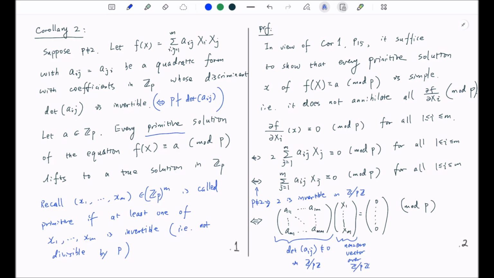So we have that in the field Z mod pZ, the finite field of p elements, there is a matrix with non-zero determinant multiplied to a non-zero vector. And this product cannot be equal to 0 in the field Z mod pZ. So we have a contradiction to this basic linear algebraic fact. And this finishes the proof of corollary number 2.